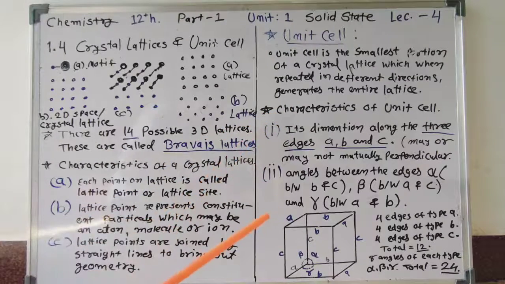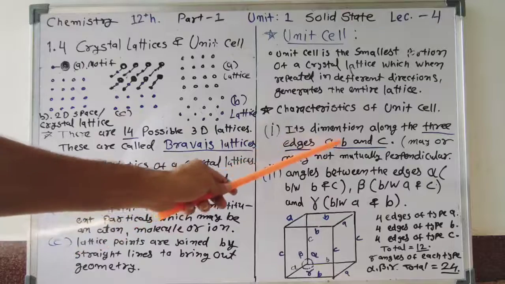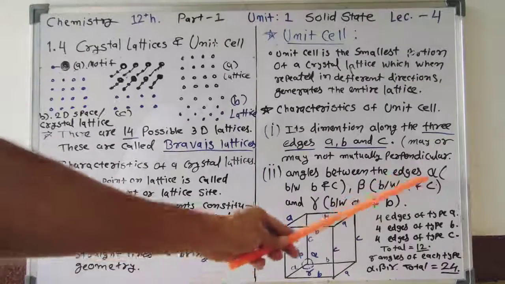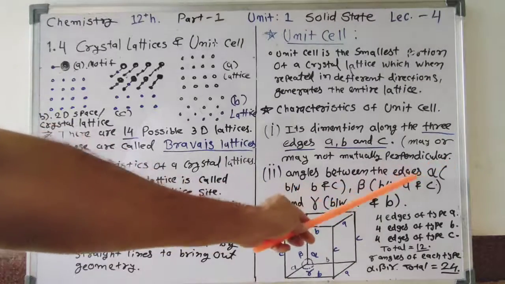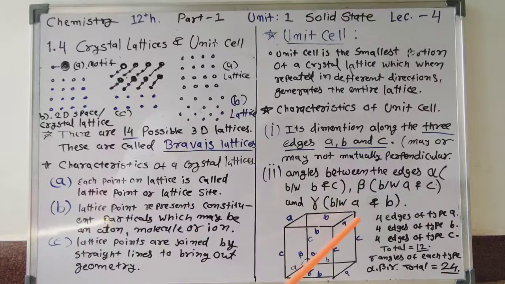Now, what are the characteristics of a unit cell? We have mainly two characteristics. First, its dimensions along the three edges a, b and c, which may or may not be mutually perpendicular. Second, the angles between the edges, which are alpha, beta and gamma. Between b and c you get the alpha angle, between a and c you get the beta angle, and between a and b you get the gamma angle.